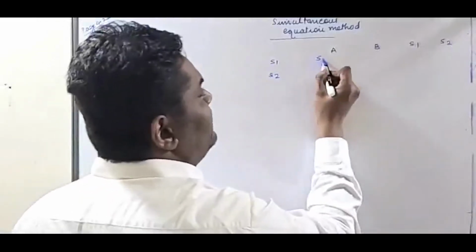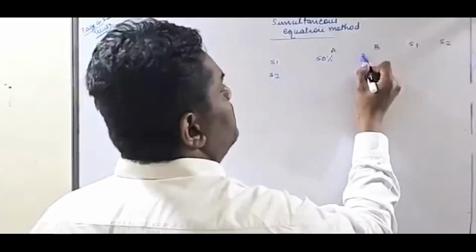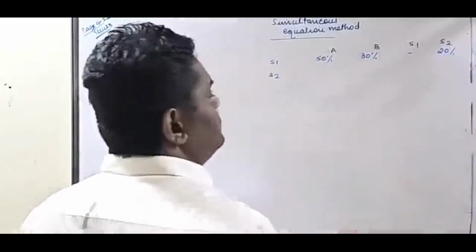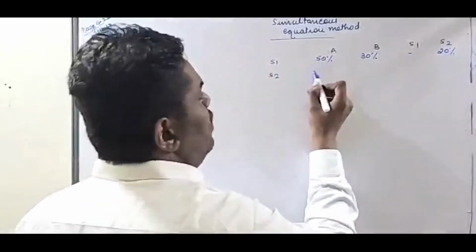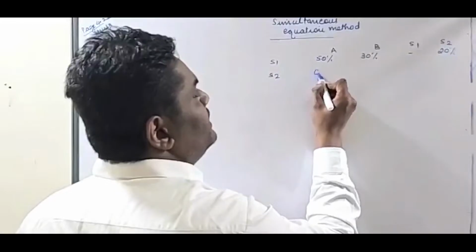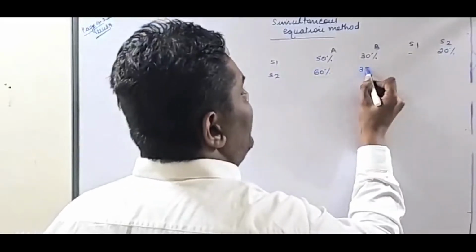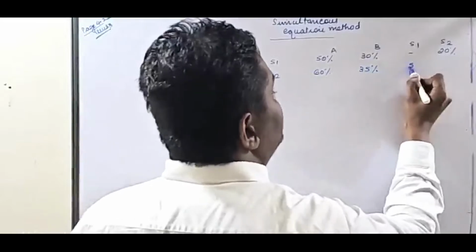S1 provides 50% services to A, 30% services to B, and 20% to S2. When talking about S2, S2 provides 60% to A, 35% to B, and 5% to S1.